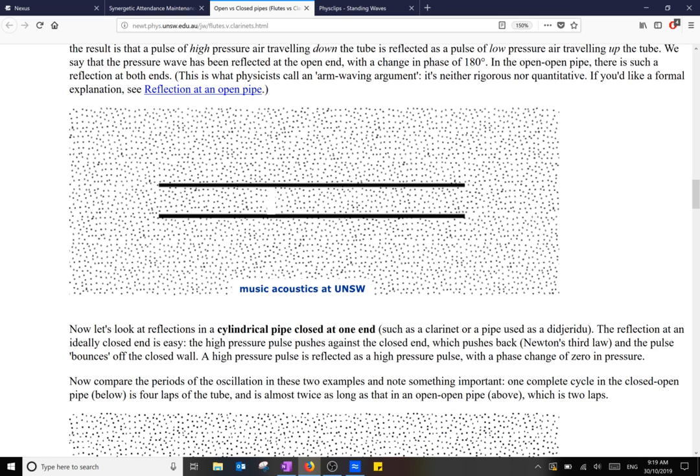If I was to send pressure waves at a given frequency, there will be regions where they're working together and you would get large pressure, and there would be regions where they're working against each other where you would get zero pressure. So instead of a particle node, which is what you have on your string, you're going to get pressure nodes. Now, pressure nodes are different to particle displacement, but we're going to look at that in a little bit more detail.